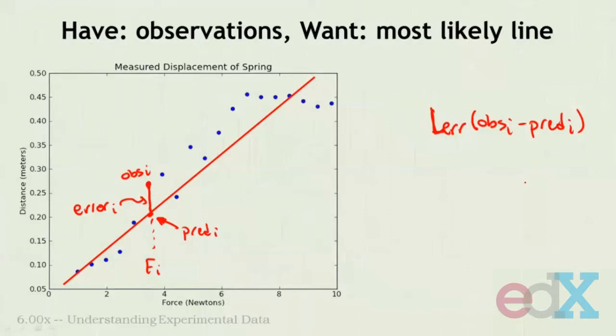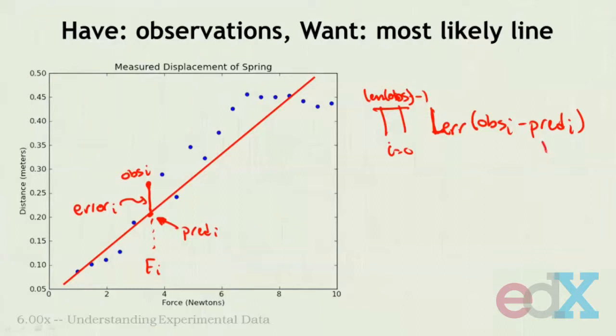Now I have many such observations that I've made, and the likelihood of making all those observations will be, like with probabilities, the product of all the individual likelihoods. So I'm going to look at the likelihood of each observation and multiply all those together.